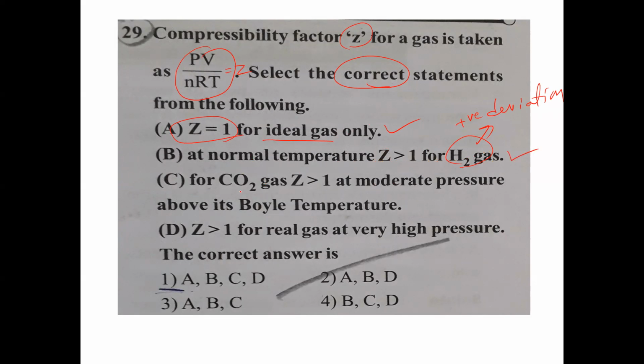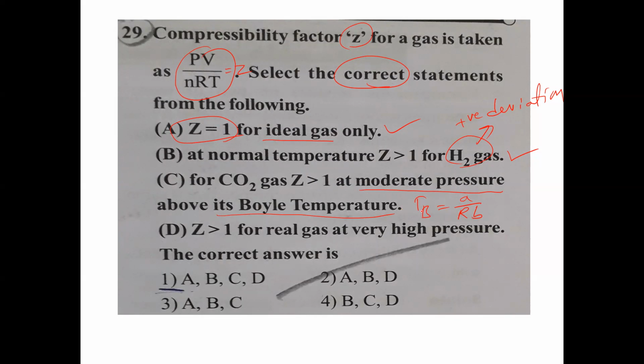And the next one: for CO2 gas, Z value greater than 1 at moderate pressure, means not at high pressure, above its Boyle's temperature. Boyle's temperature formula: TB is equal to a by Rb, where a and b are van der Waals constants and capital R is the universal gas constant.